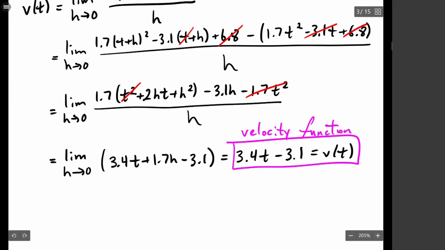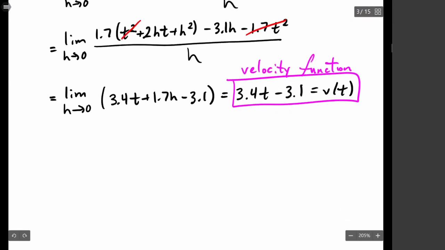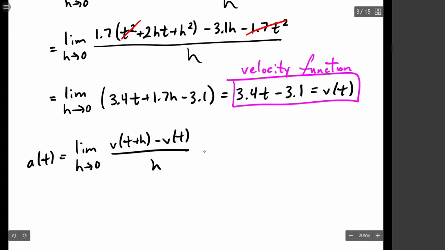And then if we do this derivative again, a of t equals the limit as h goes to 0 of v of t plus h minus v of t over h. I'm going to let you work out on your own that this is all going to simplify.